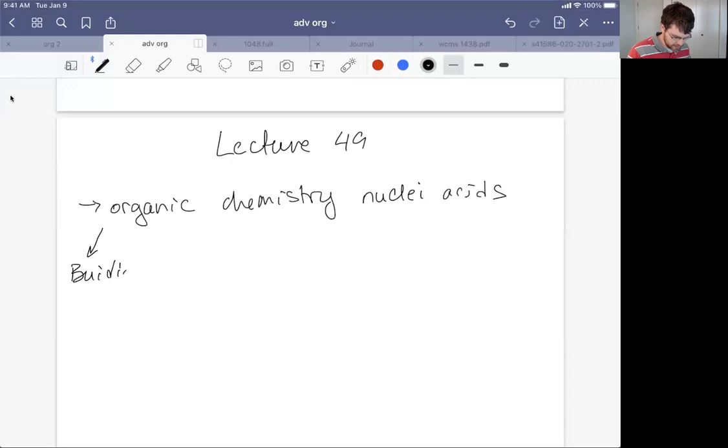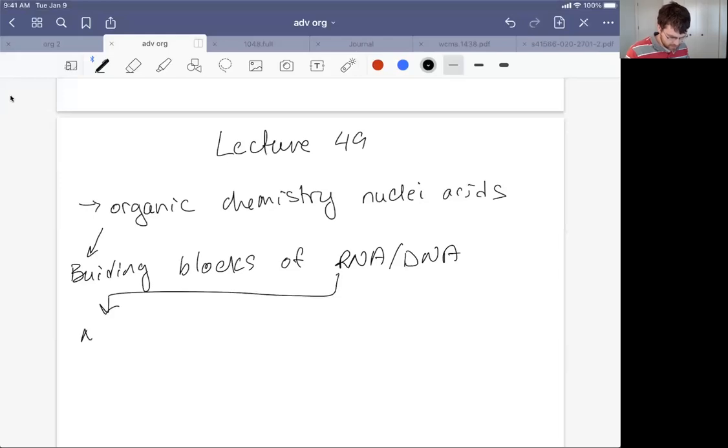So the building blocks of RNA/DNA, and these would be the nucleosides and nucleotides. So I flipped the order from what I said. So I've got the nucleotides first.